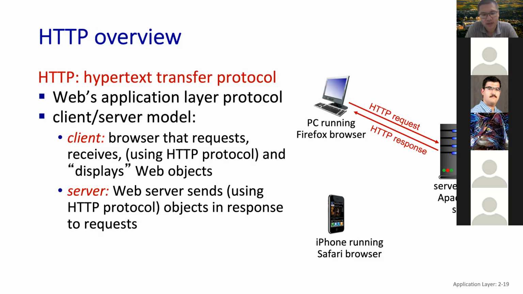You can install this server on any server or workstation. The HTTP request is sent to the server, and the server sends the HTTP response back to the PC running the browser, and the browser will display the content sent back by the server.